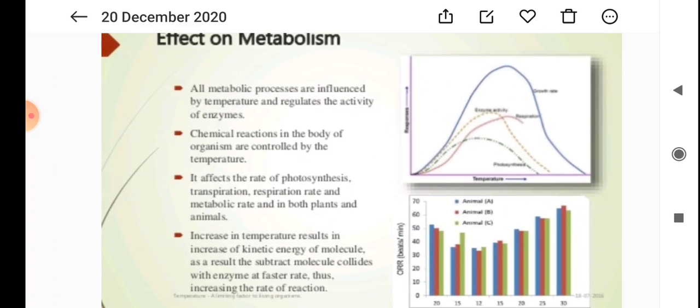Most of metabolic activities of microbes, plants and animals are regulated by varied kind of enzymes, and enzymes in turn are influenced by temperature. Consequently, increase in temperature up to a certain limit brings about increased enzymatic activity, resulting in an increased rate of metabolism.